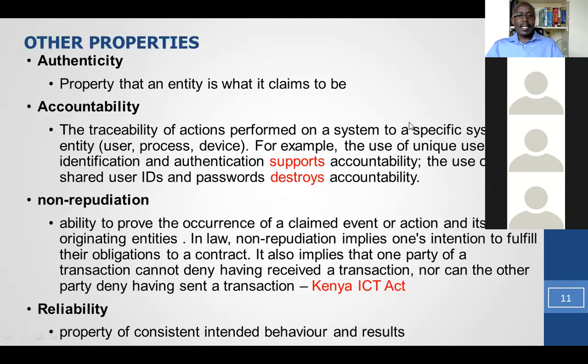Then there is reliability, the property of consistent intended behavior and results. If you are running systems, you want your systems to be reliable.